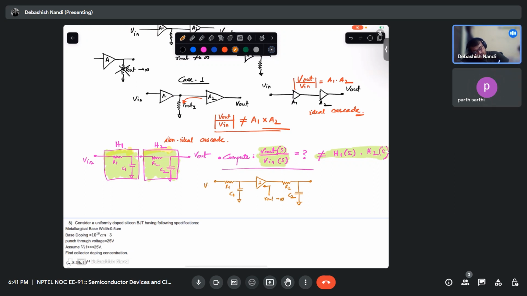Then if you compute your V out by V in, and this is your H1 of S and this is your H2 of S, in this case your V out over V in would be H1 times H2. Okay, you do this. It is very good.